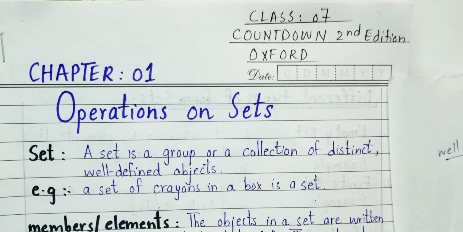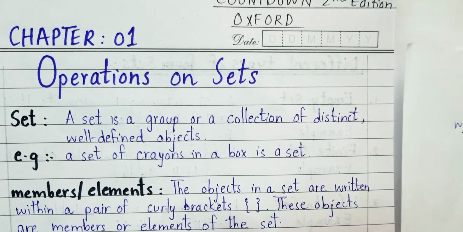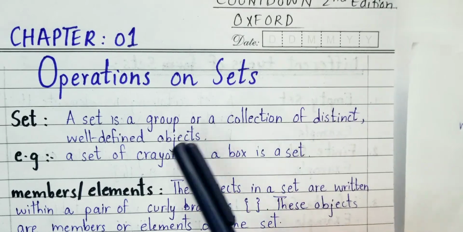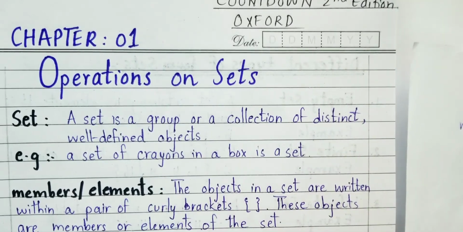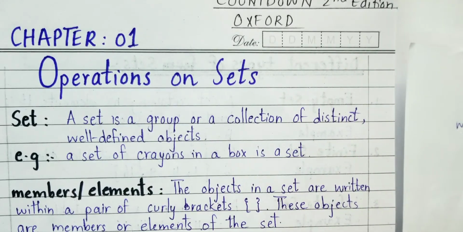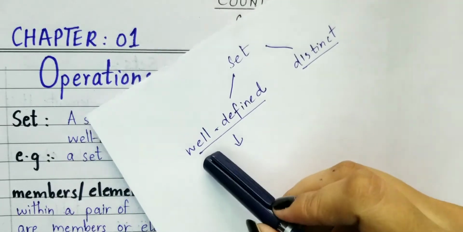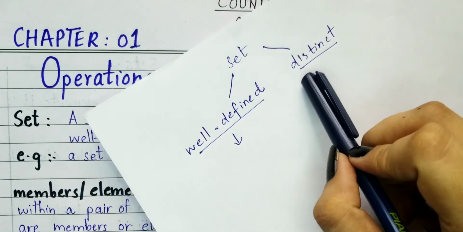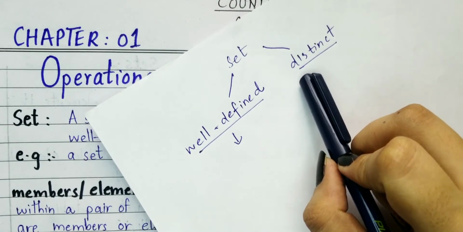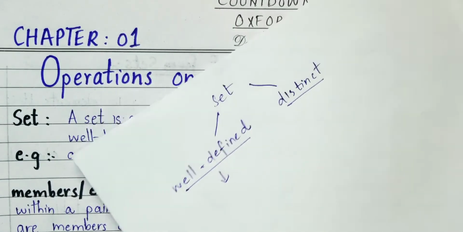So let's begin. A set is a group or a collection of distinct and well-defined objects. So what does that mean? That means that a set has two things. One thing is well-defined objects, and the second important concept is that it has distinct objects. Well-defined means the things that are expressible, that are understandable, and distinct means unique things.